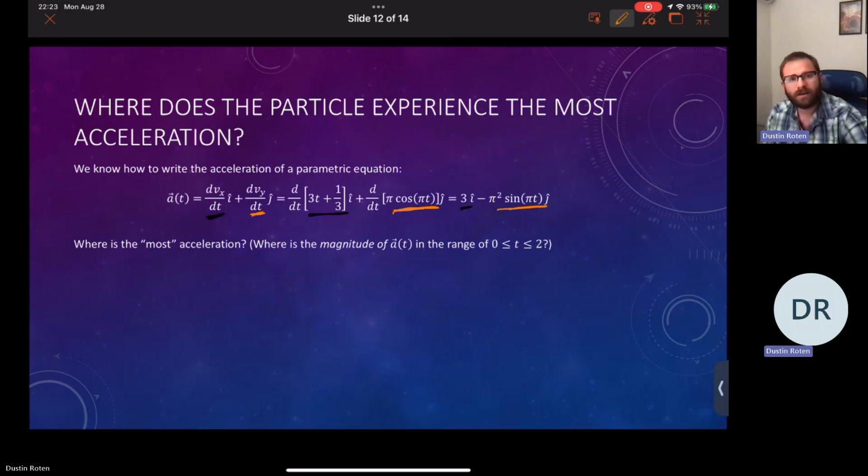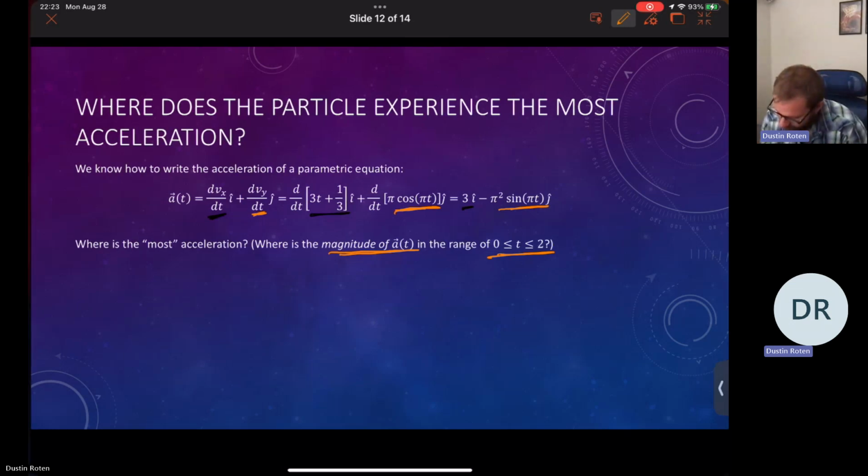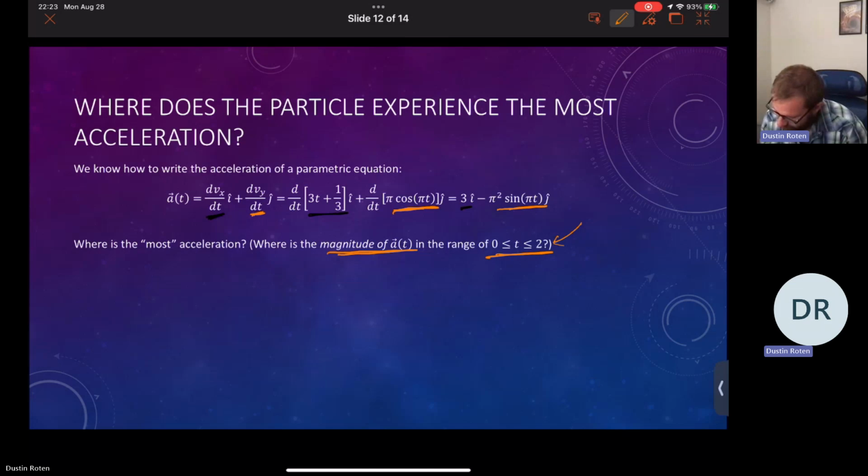Now the question is, where is the most acceleration? Essentially, where is the magnitude of acceleration in this range at its max?